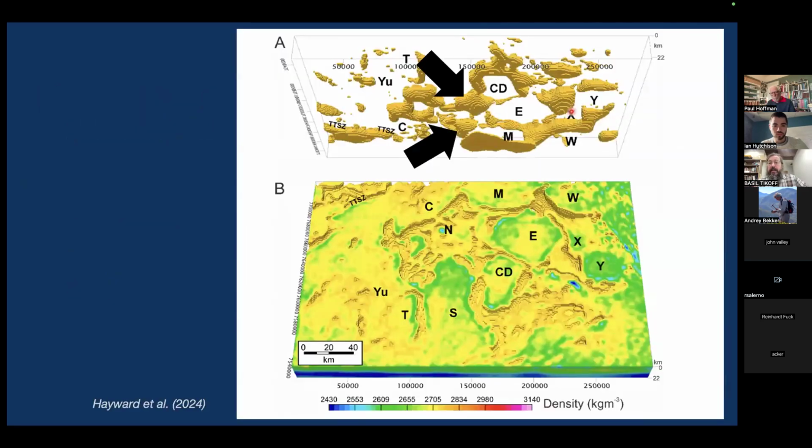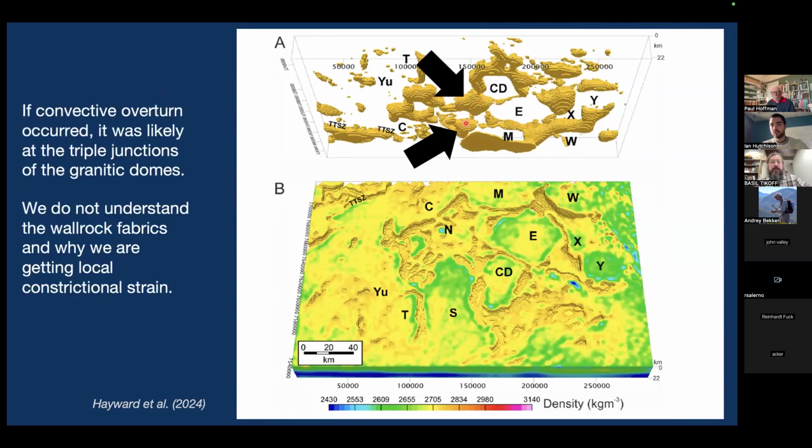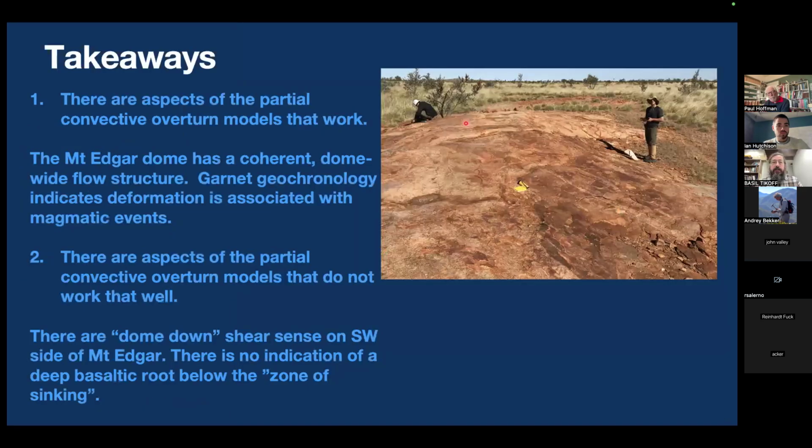And from the gravity, we're getting indications that there might be these sort of zones of sinking, but we don't have the resolution at the moment to figure out where they are or why exactly they are where they are. These two black arrows point to two of the bigger domes, keels in the area, so the depth of the keels. And so if convective overturn occurred, it was likely happening at these triple junctions, but we don't understand the wall rock fabric, and particularly why we're getting local constriction.